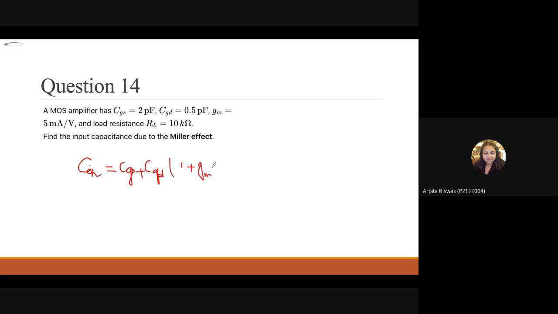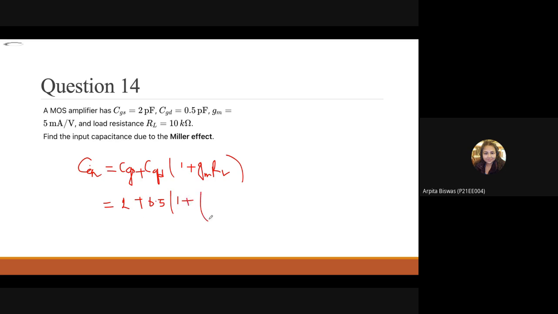Okay. This is the value of CGS, which is 2 picofarad. What is the value of the CGD? It is 0.5, into 1 plus gm RL.